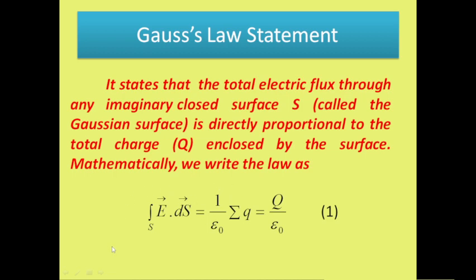Electric flux, as we know, is E dot ds. Electric flux is the number of lines passing through a particular area. So the total electric flux through the imaginary closed surface is equal to the total charge, the summation of small q given by total charge capital Q, divided by epsilon naught. So this is the equation for the statement of Gauss law.